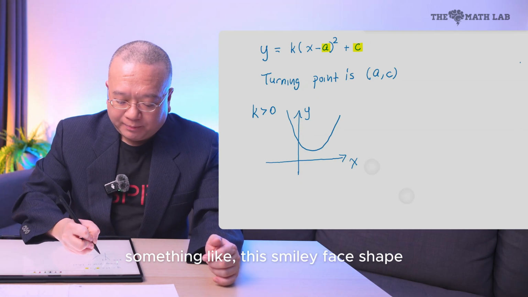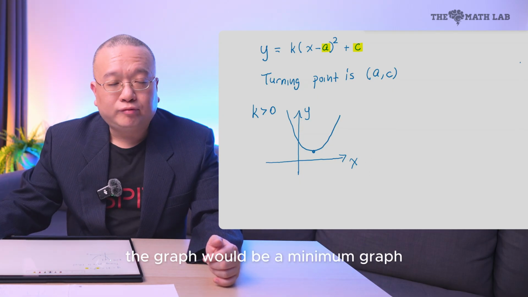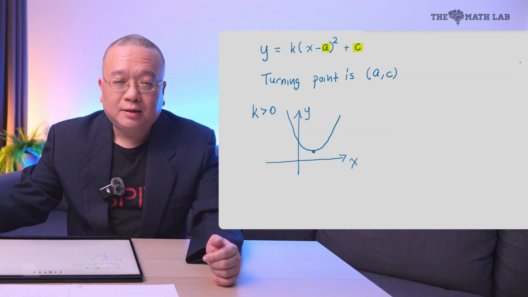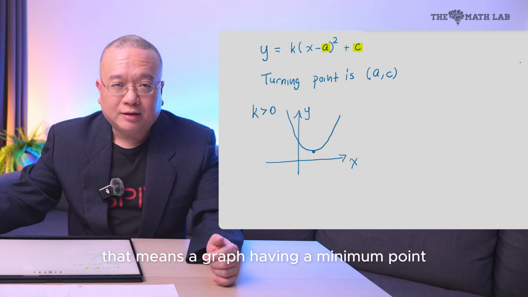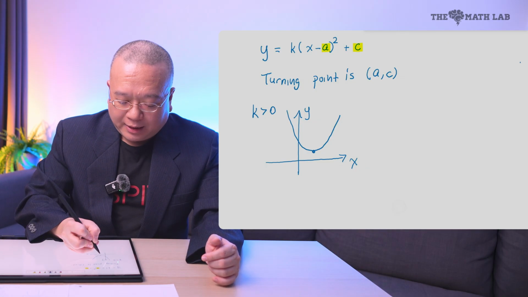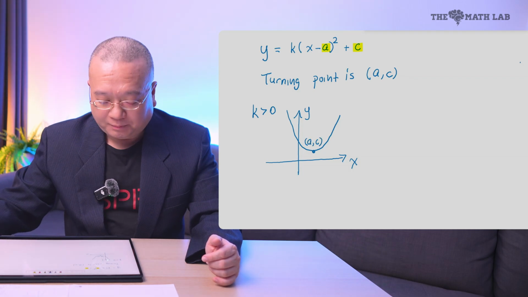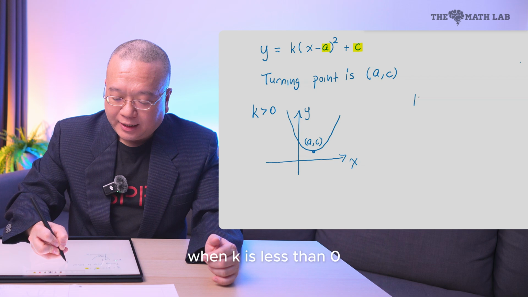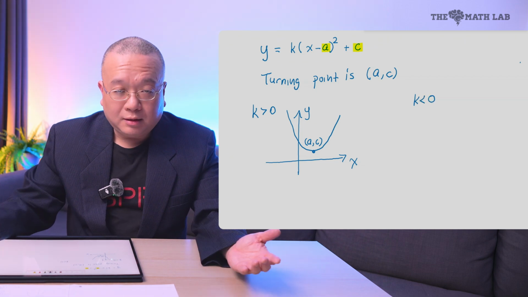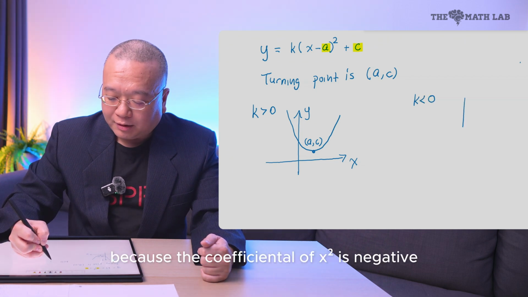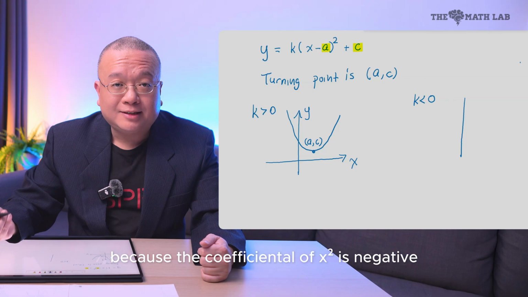Smiley face shape. The graph would be a minimum graph. That means a graph having a minimum point. And the minimum point would be the point (a, c). When k is less than 0, we get the other shape because the coefficient of x squared is negative.